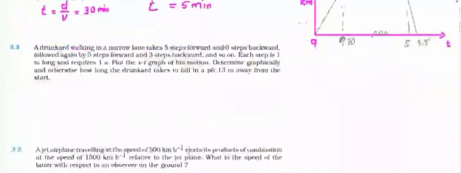Now again, next. Question 4. A drunkard walking in a narrow lane takes 5 steps forward and 3 steps backward, every time.